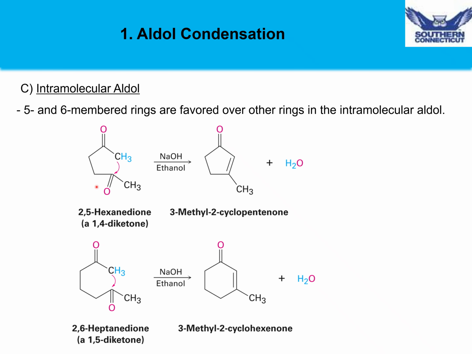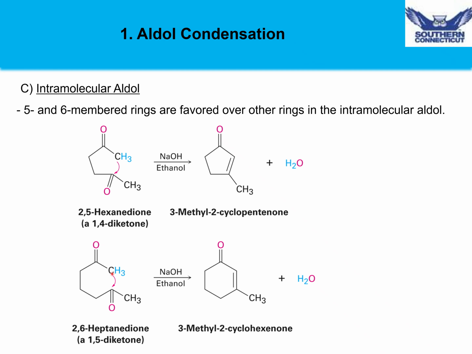As an example, 2,5-hexanedione, which is a 1,4-diketone, when treated with base, can lead to an intramolecular aldol reaction. Base will remove one of these alpha hydrogens, forming an enolate at that carbon, which would then attack this carbonyl. And then after elimination of the hydroxyl group, we would achieve a double bond as well as closing the 5-member ring.